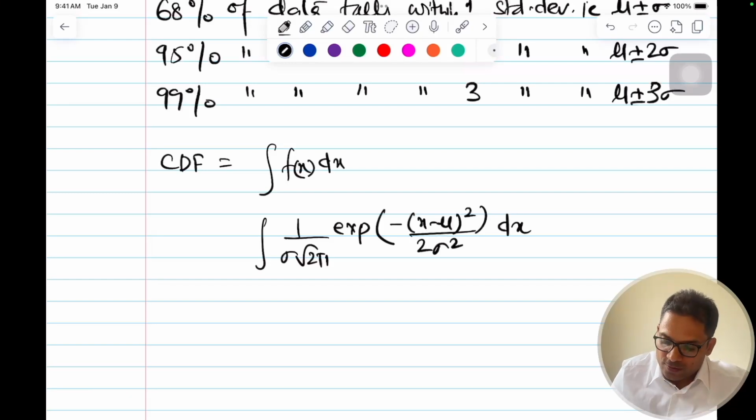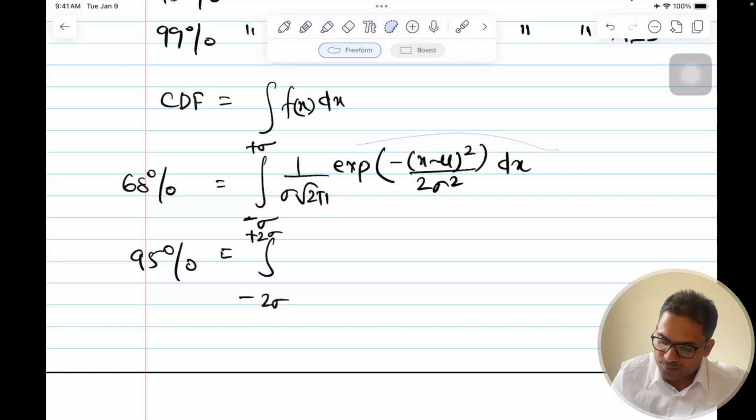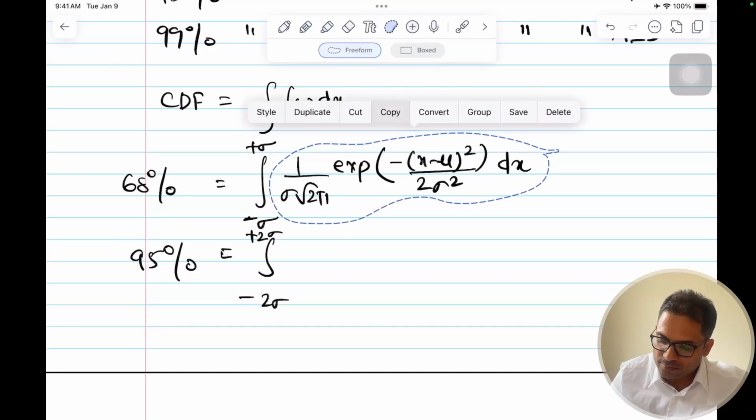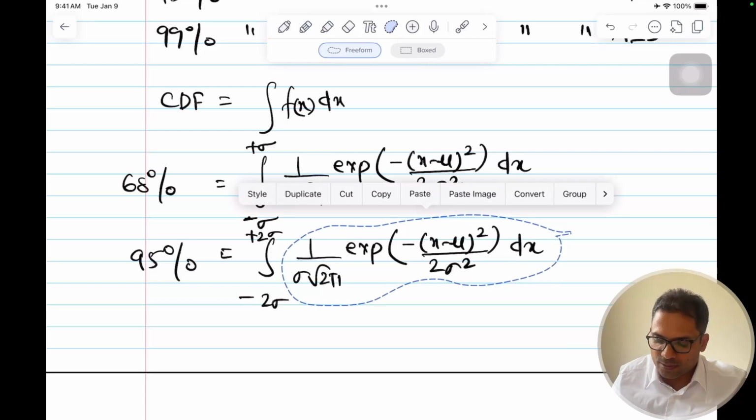The 68% data will fall within, if we integrate it from minus sigma to plus sigma. 95% of data will fall similarly from minus 2 sigma to plus 2 sigma, and similarly 99% of the data.